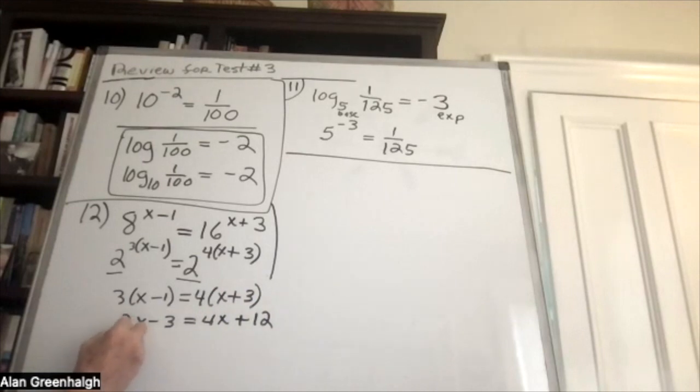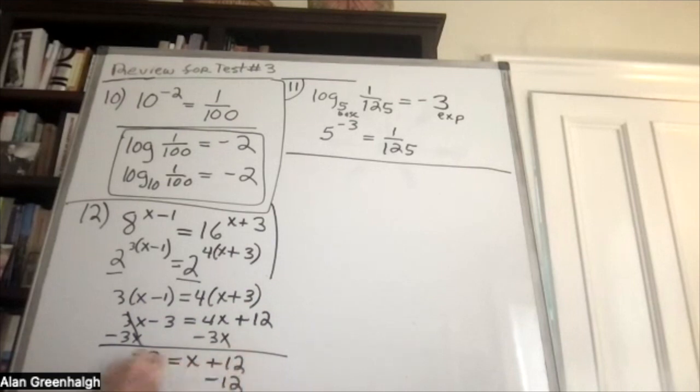Bring over the 3x. -3 equals x plus 12. Minus 12, minus 12, and turn it around, x is equal to -15.